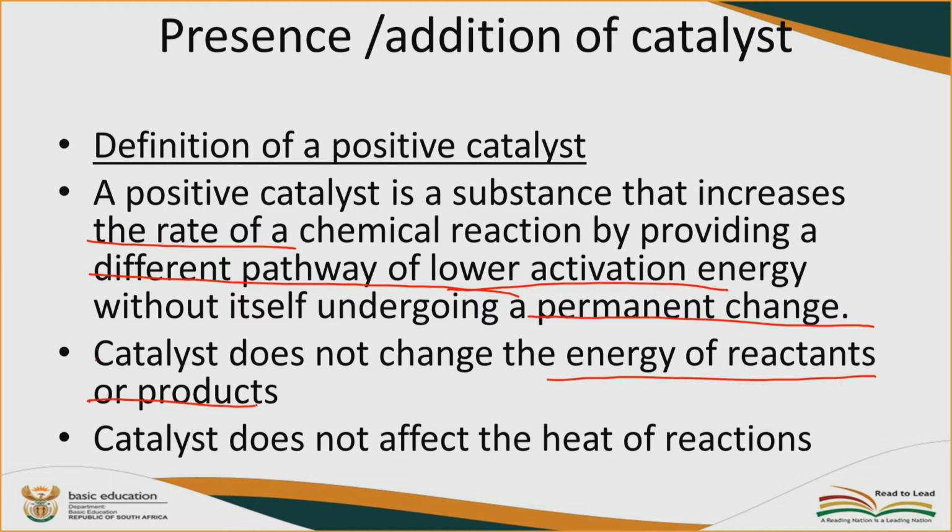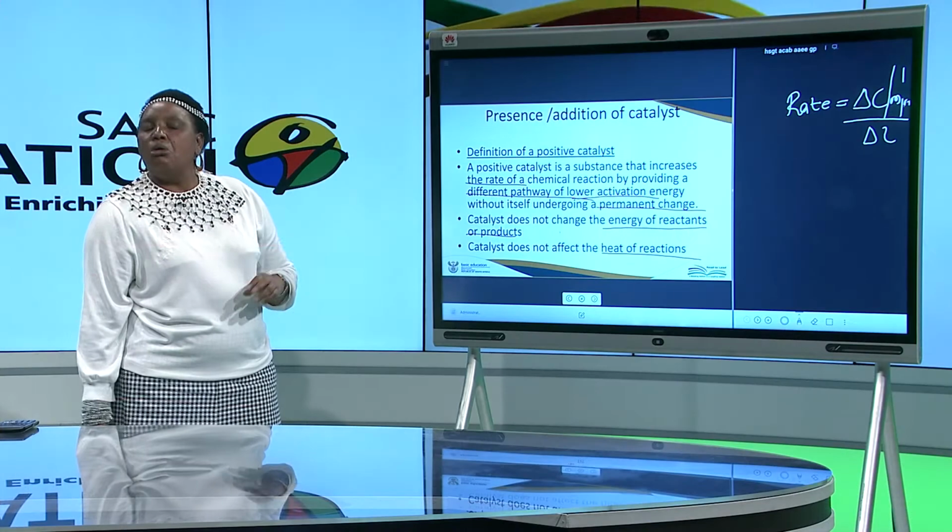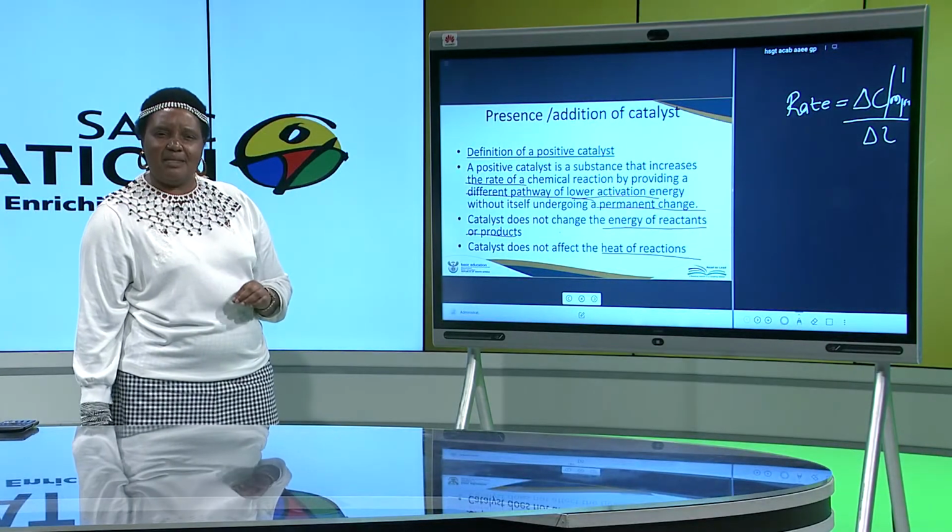In grade 11, you have done exothermic and endothermic graphs, where you were introduced to the concept of the energy of the reactants and the energy of the product. And because the energy of the product and the energy of the reactants doesn't change, as a result, the heat of reaction remains unaffected.